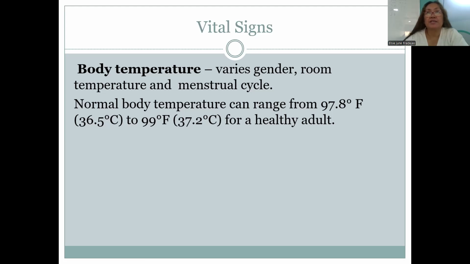When a person is working outside under the heat of the sun, the body temperature is high compared with those who are working inside the air-conditioned room. So it changes, depends upon the work condition, environment, and also gender.